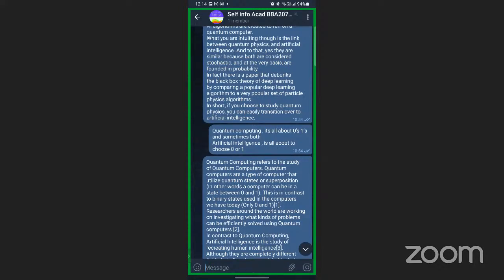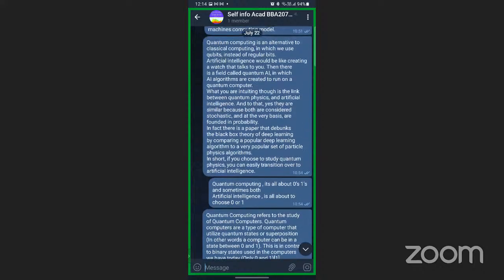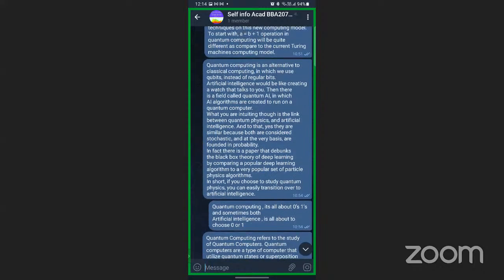And now how does that go? See, artificial intelligence actually tries to imitate a human. It tries to do things exactly in the manner a human would do. Whereas quantum computing speeds up the computation. Even the hardware required for quantum computing is different.